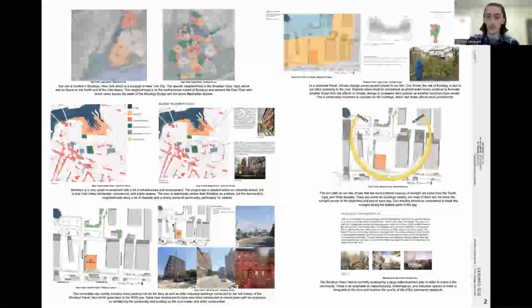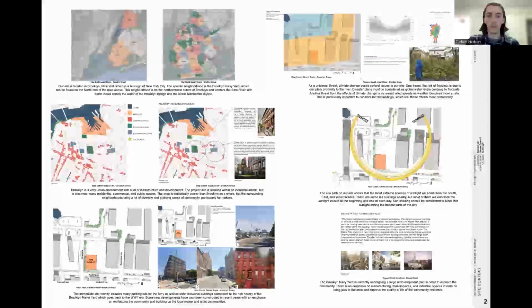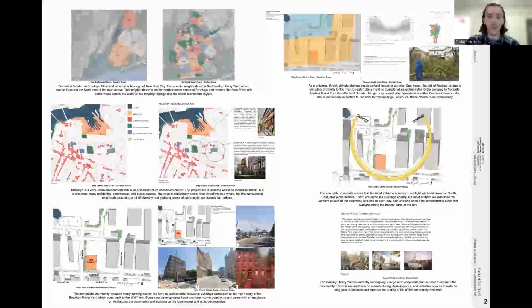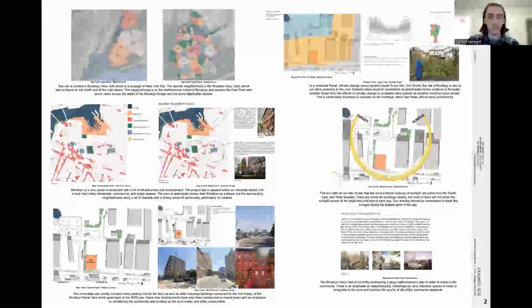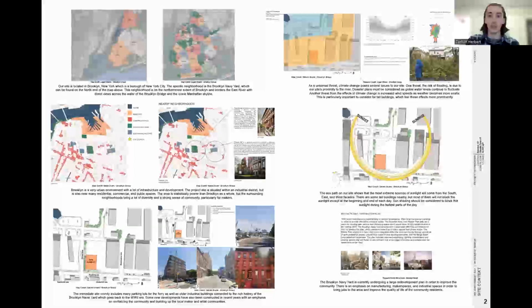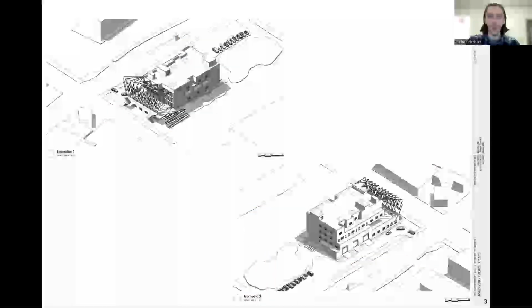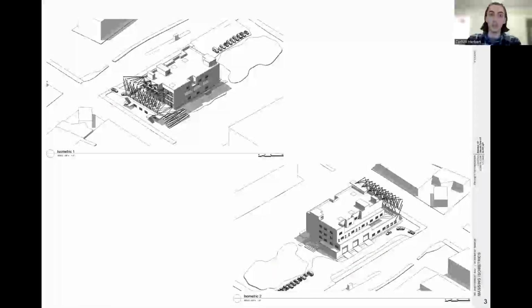Also, there's a master plan for the whole area, so this comes at a good time to be designing a school for the area, with the community very involved in improving the surrounding area of the Brooklyn Navy Yard.